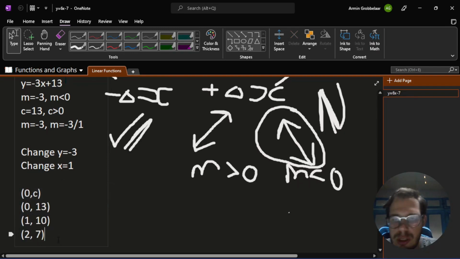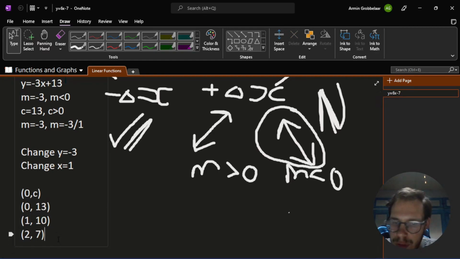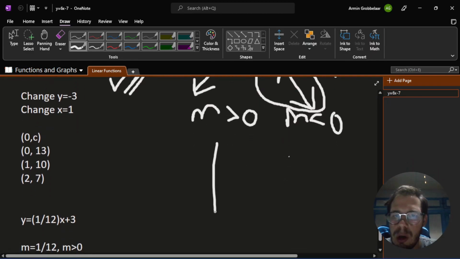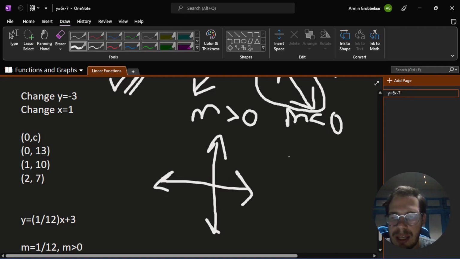So usually when you draw a straight line, you need 3 points. So with the first method and this last method, you need 3 points to draw the graph. The only time that you don't need 3 points, but when you only need 2, is when you use the second method. So then you only get the y-intercept, so where the linear function cuts the y-axis, and the x-intercept, where the linear function cuts the x-axis.